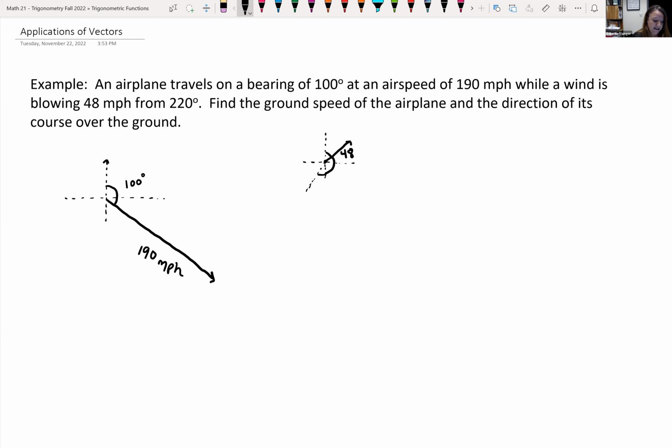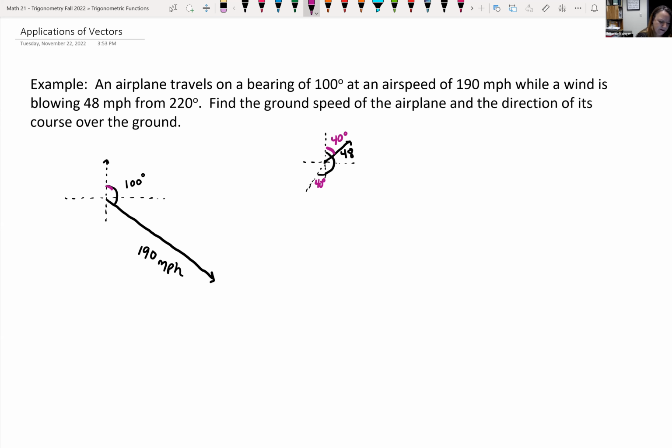So I know that this angle in here between the north and this vector, it's 40 degrees down here. So congruently, this is 40 degrees. So let's look at this coming 40 degrees off of where our airplane is.